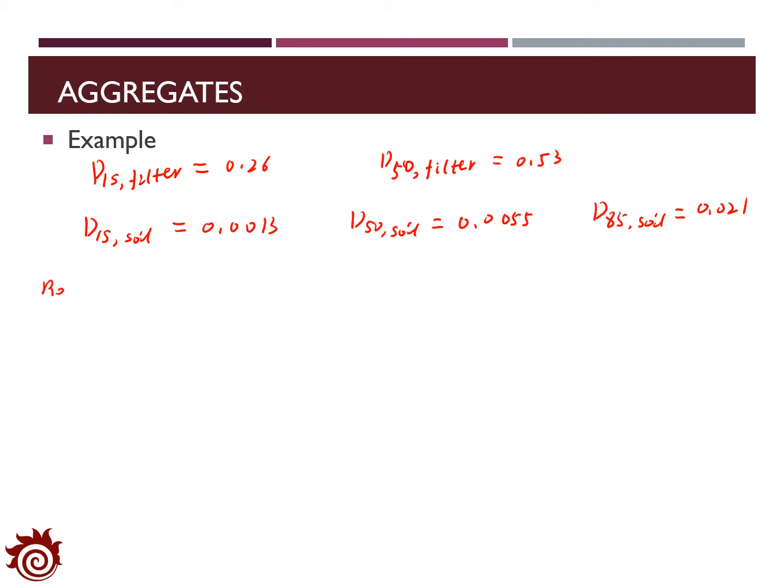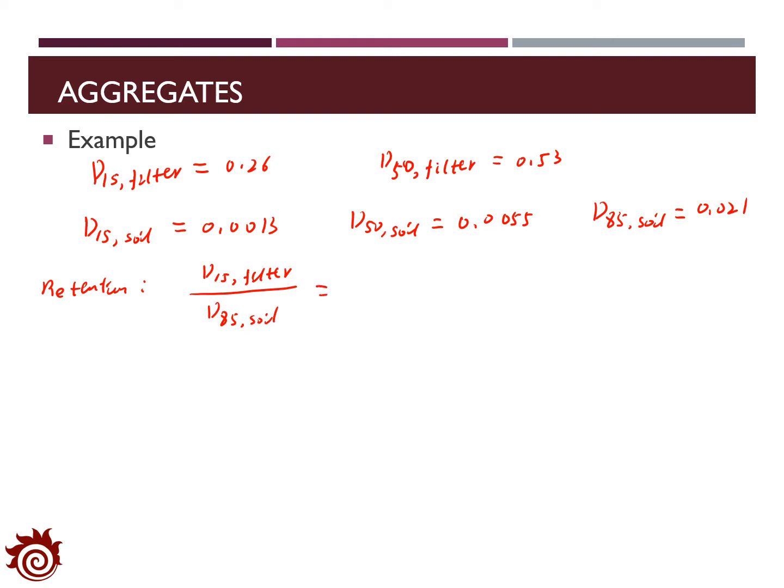And first we're going to check the retention criterion. So we have D15 filter over D85 soil.